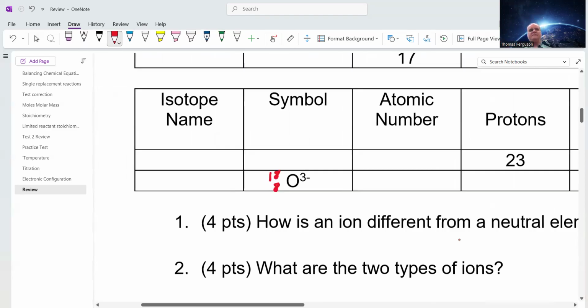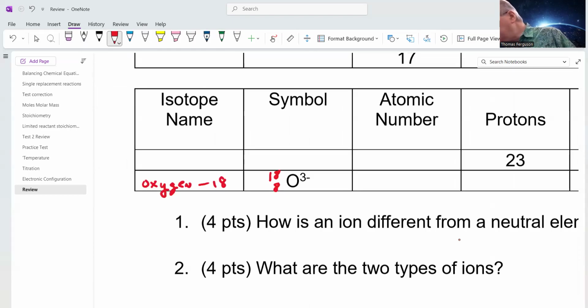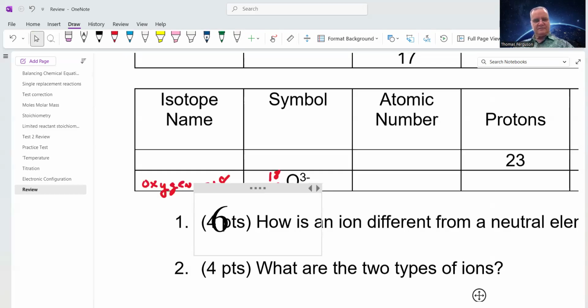So there's no difference there from the neutral one except for charge. And this would be oxygen 18. Let's fill this out. Why is that a 6?